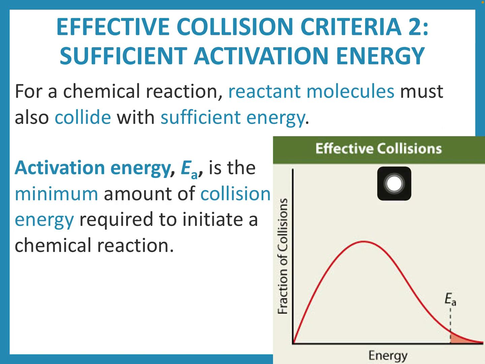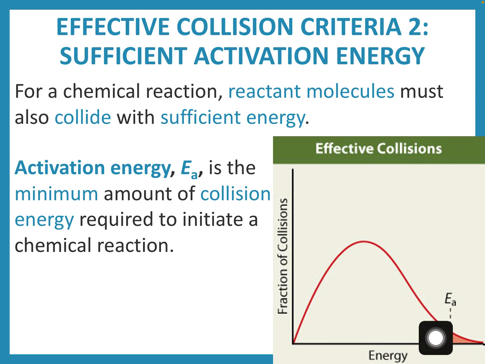So on this graph here, we have a lot of collisions happening. This is the amount of energy that they are colliding with, and this is how many. We have some collisions that are happening at a low energy. As the energy increases, we have more and more collisions, and then we start to have fewer collisions with this amount of energy, and then we hit this point.